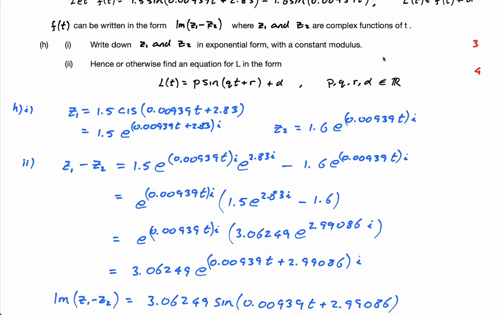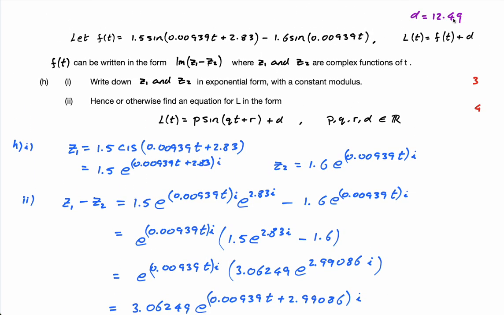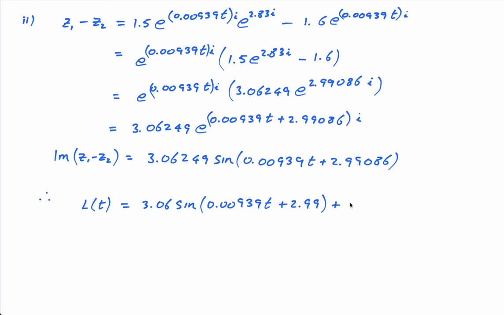So all I have to do now is write, therefore, L of t is equal to 3.06, I'll just go to three significant figures, guys, 3.06 sine of 0.00939 t plus 2.99, plus 12.5. Okay, that's L of t. That was not easy, guys. One more part of this question.